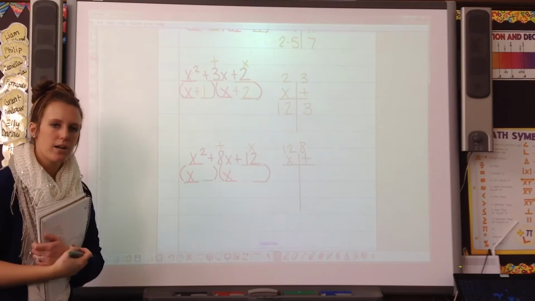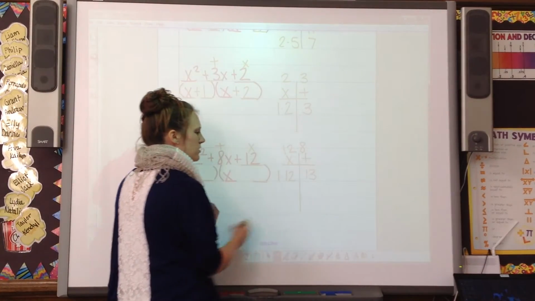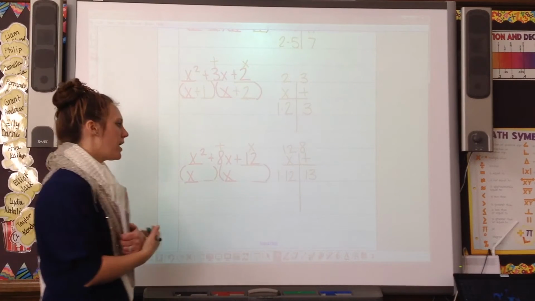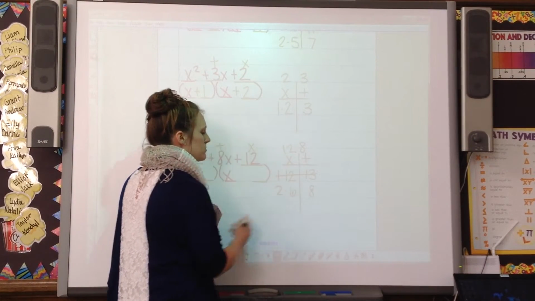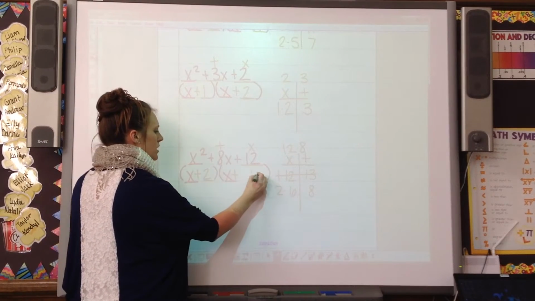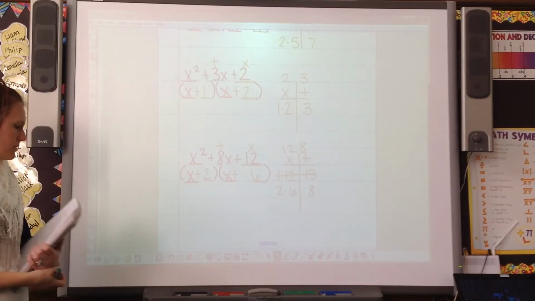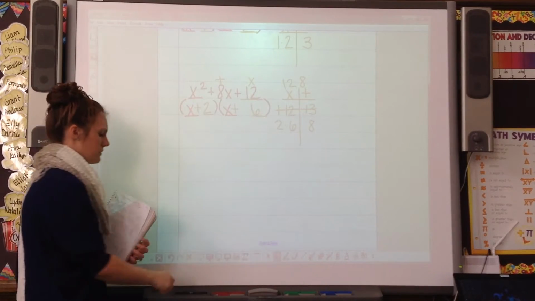So I'm going to go through the factors of 12. 1 times 12, well, that adds up to be 13. That doesn't work. How about, what if we try 2 times 6? Well, that adds up to be 8. So it must be x plus 2, x plus 6. Let's try a different problem.